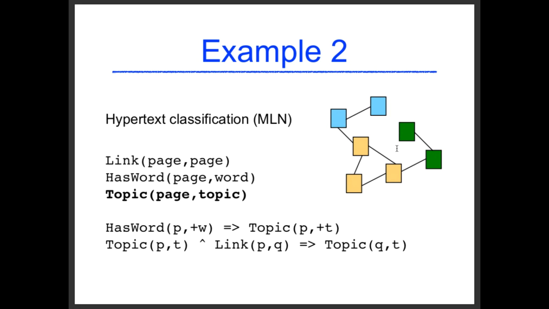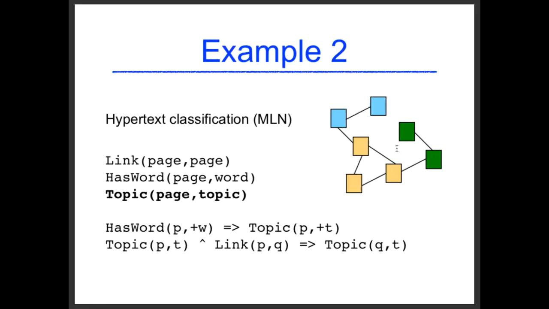Now, this is one way to model the problem in Markov logic, with three predicates: has word, so a page has a word, link between pages, and topic, page and topic. And here are 2 rules.